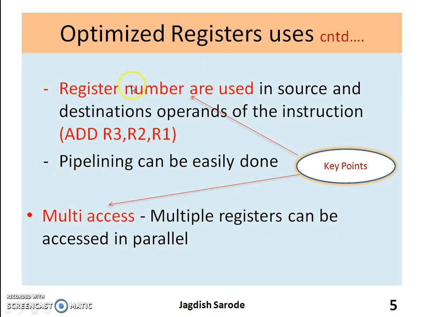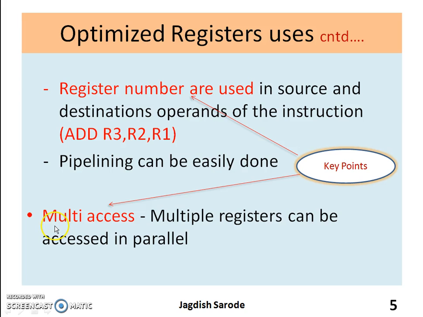Then in optimized use of registers, we use register numbers instead of register names. So we can achieve fast processing because we don't need to calculate the address of the register. We know the register number and we can directly go to that register, with no need for any calculation of the address of that register, and we can improve the performance of the RISC architecture.